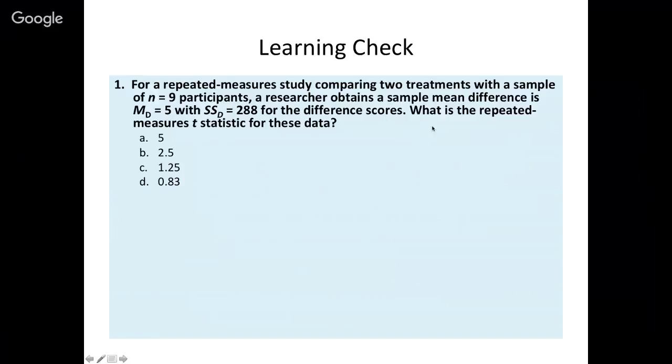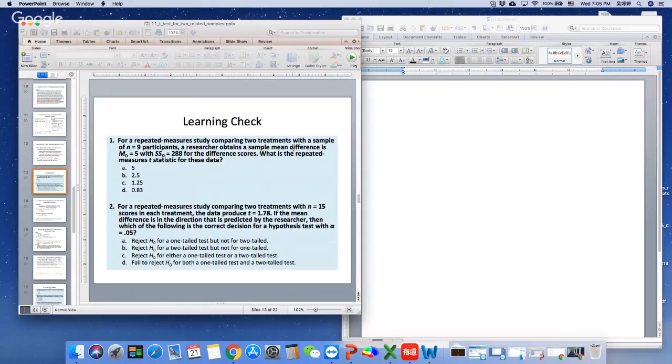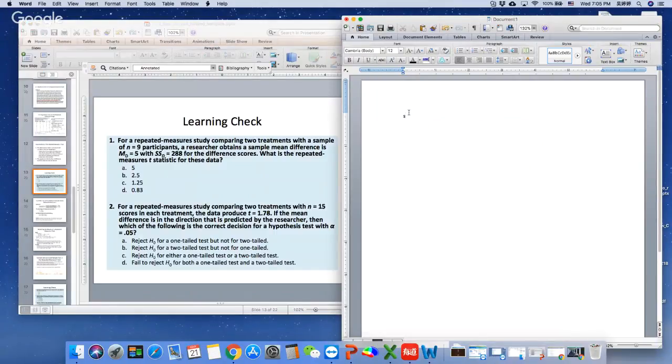And here we know the MD and we know the SSD. So the question is asking for the t value. So we just use the formulas. We compute the S first. SD is the standard deviation, right?